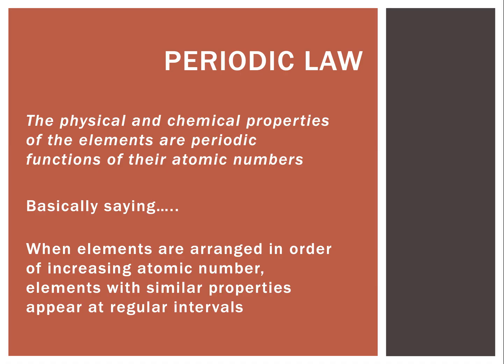So according to periodic law, when elements are arranged by increasing atomic number, elements with similar properties appear at regular intervals. So when we look at our periodic tables, what we're able to see is elements that are in the same column, which is also known as a group or a family, have similar properties.